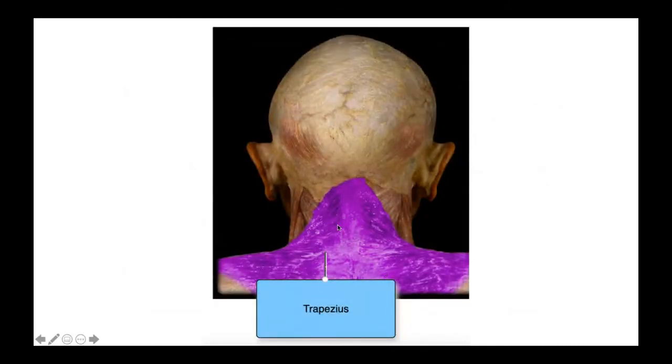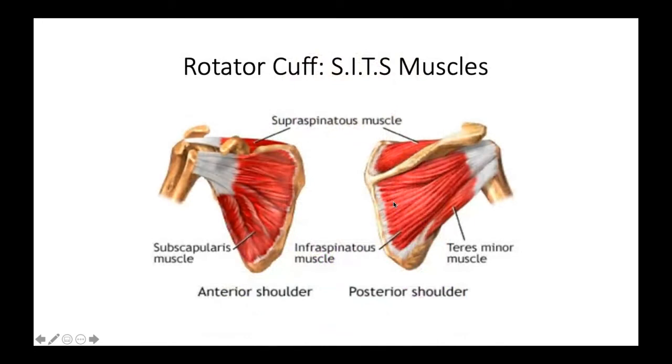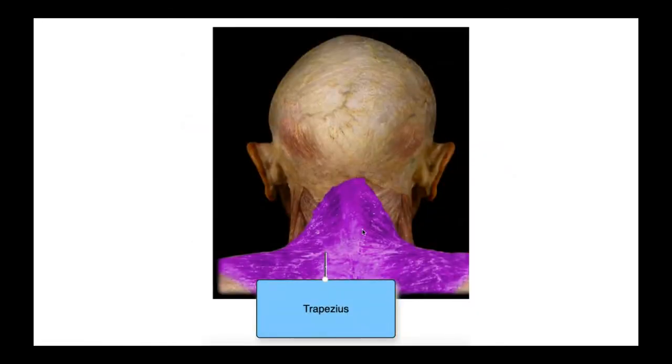Okay, so here's the trapezius. You could see the splenius capitis right here. If we cut the trapezius a little bit away, or reflect it back, we'd be able to see splenius capitis pretty well here.